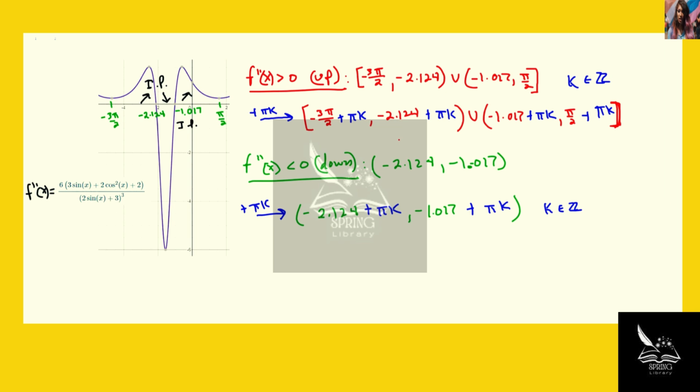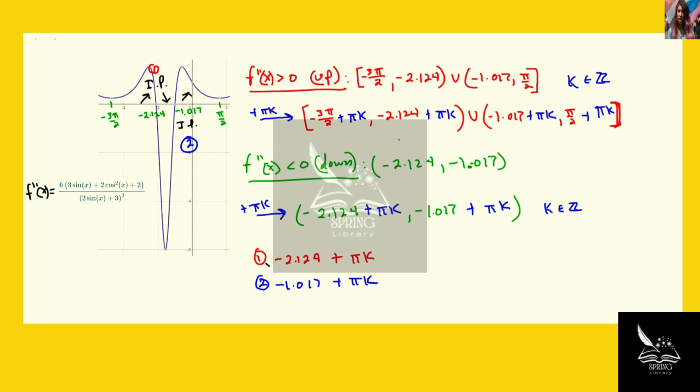So we could write this more generally as, this first point of inflection here is going to be negative 2.124 plus pi k. And our other point of inflection, negative 1.017 plus pi k.